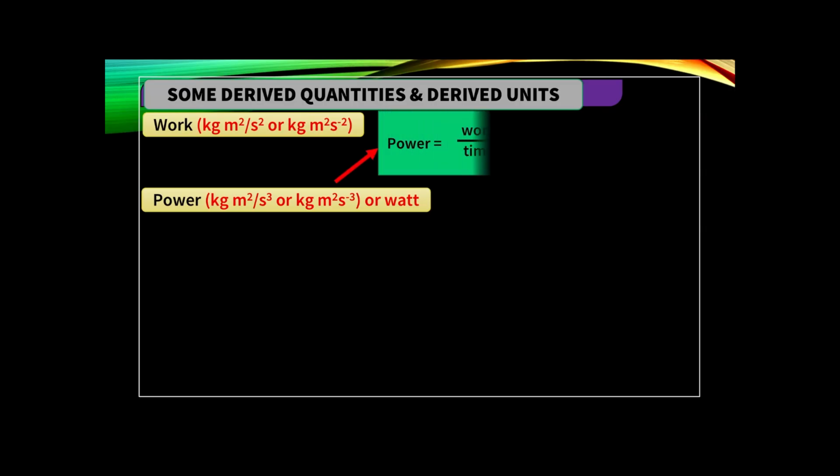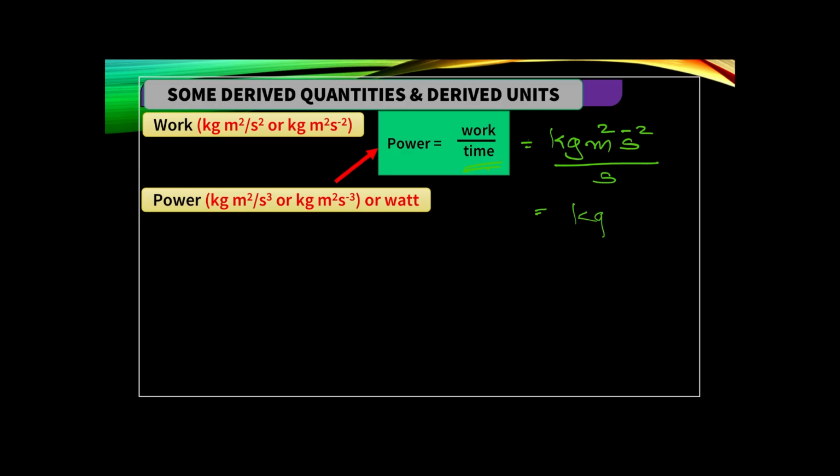I'm continuing. Power. We are looking for the unit of power. How do you get the unit of power? For that you need the equation of power, which is work divided by time. Just now we have done the unit of work is kilogram m² s^-2 divided by time, which is measured in second. So how many seconds underneath?